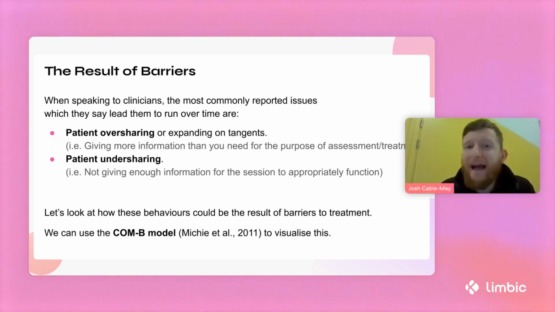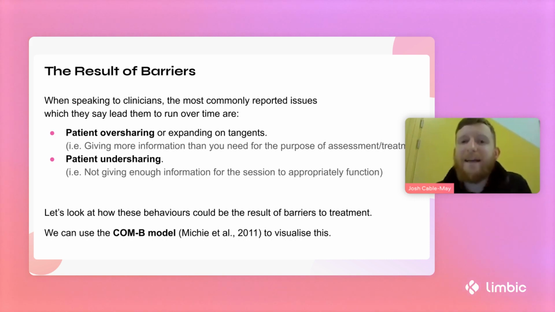If the patient has never seen a positive role model of therapy, or they come from a community that doesn't believe in therapy or mental health practitioners, that would be a barrier in their opportunity, which would mean they may be less likely to attend their therapy sessions or engage with you. They feed into your motivation, and we're going to talk about motivation a lot more later on.